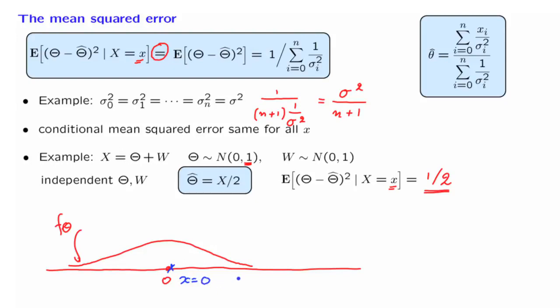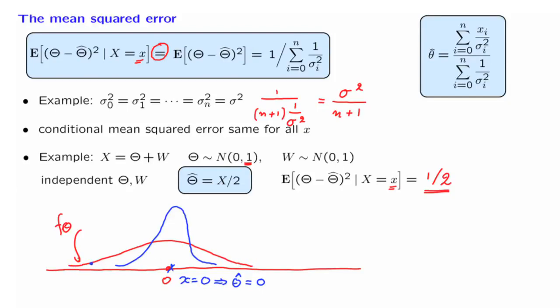If the measurement is equal to 0, then our estimate will also be equal to 0. The posterior distribution of theta is going to be a normal distribution whose mean is the estimate and whose variance is this quantity that we have calculated, which is 1/2, and therefore it is narrower than the original PDF that we started from.